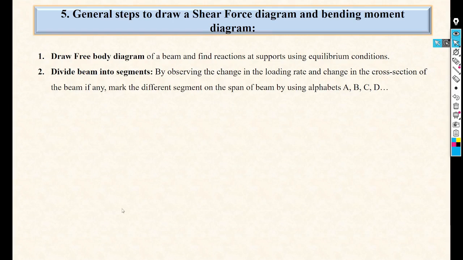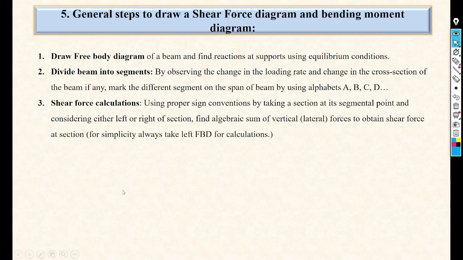Now after that, shear force calculation. Okay, using proper sign conventions by taking a section at each segmental point and considering either left or right of section, find the algebraic sum of vertical or the lateral forces to obtain shear force at a section. For simplicity, always take a left FBD for the calculation.